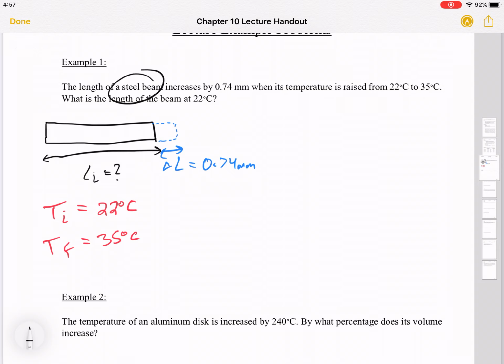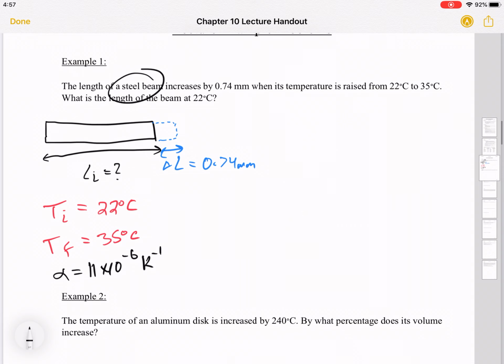And we just saw for steel, alpha was something like 11 times 10 to the minus 6, sorry, and the unit on that is inverse Kelvin. And that's because we're relating a length to a length times a temperature change, right? So it's not meters per, it's just per Kelvin to make the units work out correctly.